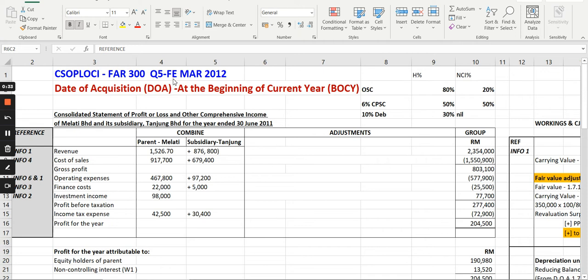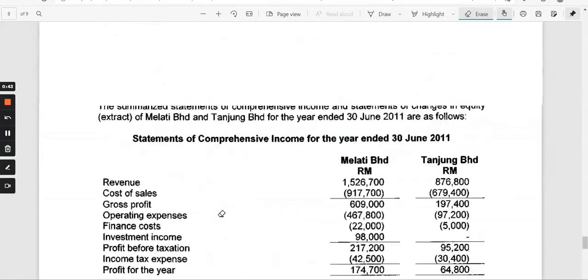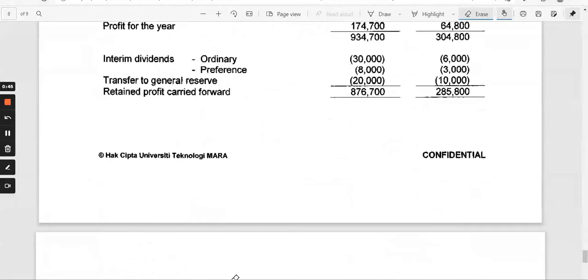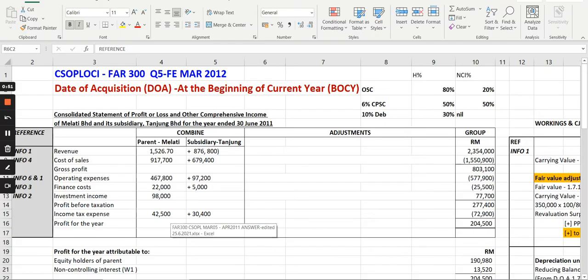In our first video, what we did was the workings, going through all the adjustments or additional information in this question. Now our next task is to complete the consolidated statement of profit or loss and other comprehensive income, which I will call the SOPL.